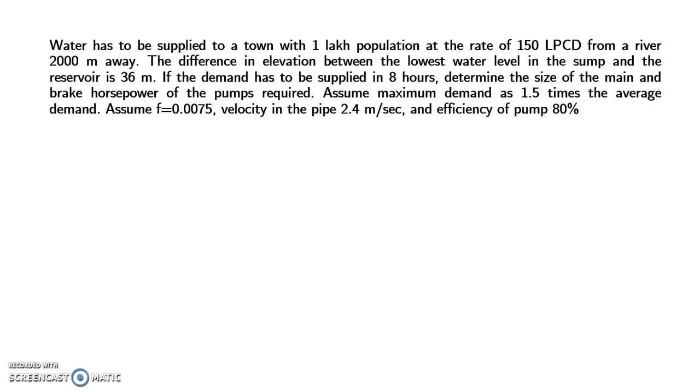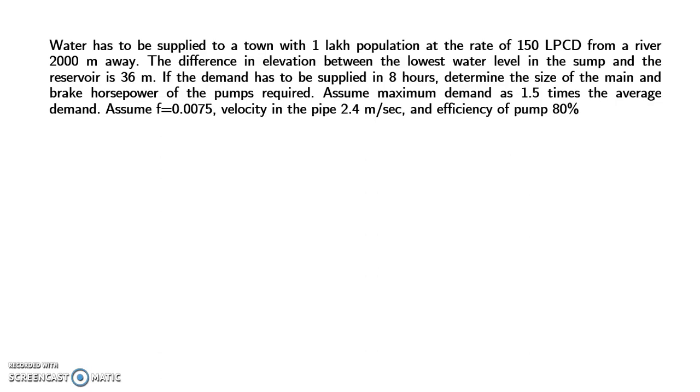We are supposed to calculate the size of the main, the diameter, and brake horsepower BHP of the pumps required. And to calculate all these things, an assumption can be used here, and that is the maximum demand is 1.5 times the average demand. Some sort of a peak factor here it is.